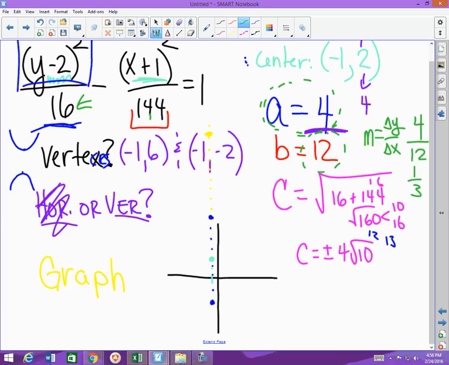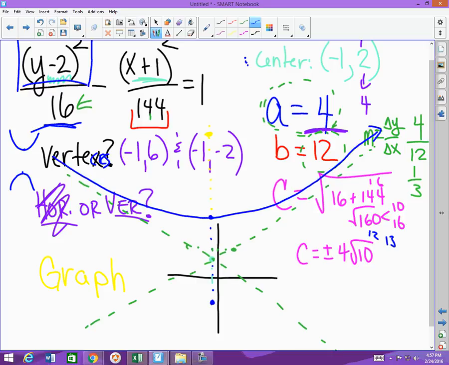So from this point right here, if you go up 1 and over 3, and up 1 and over 3, your asymptotes go like so, and up 1 and over 3 this way, and so then you have that going there. And so then your hyperbola does one of these. And the same thing down here.